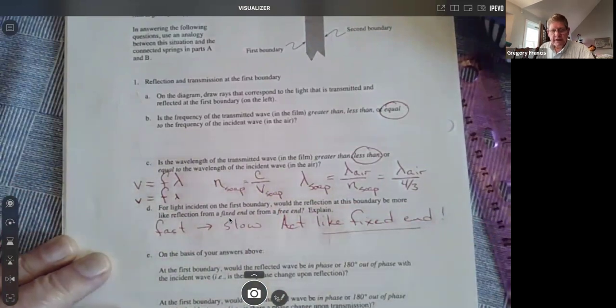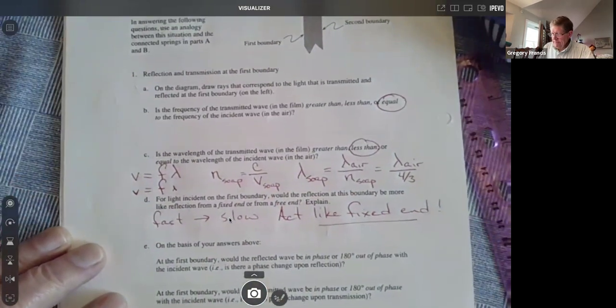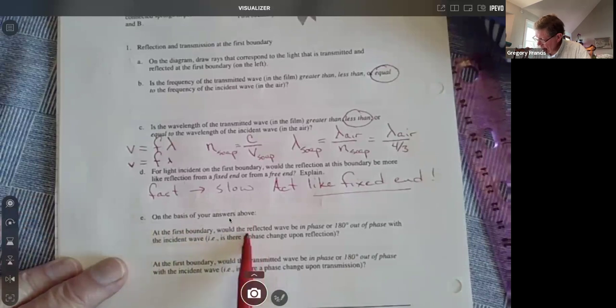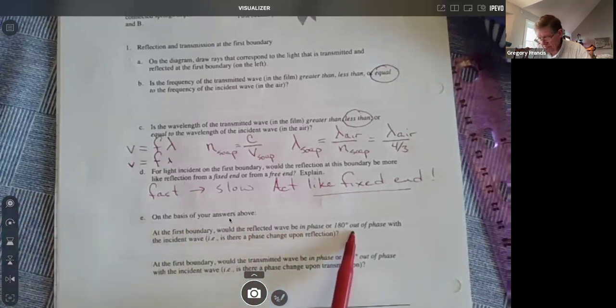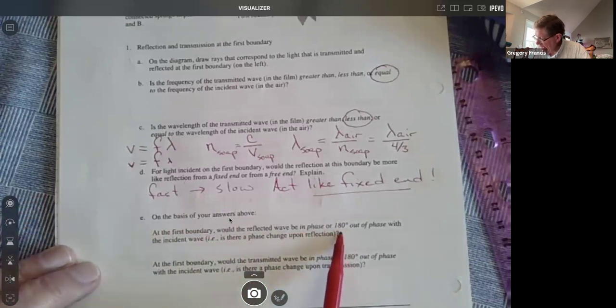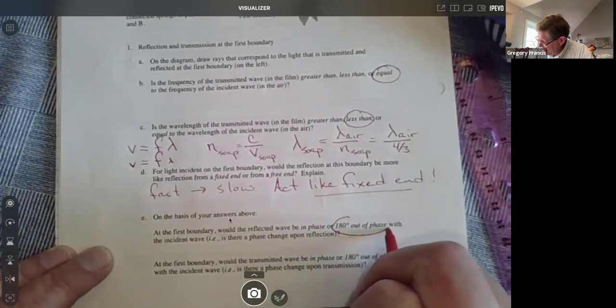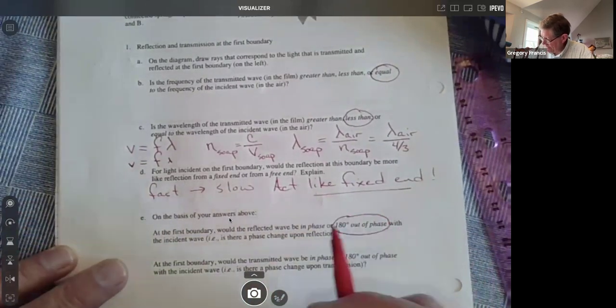And there will be an inversion there. On the basis of your answers above, at the first boundary, would the reflected wave be in phase or 180 degrees, that would be half a wavelength, out of phase with the incident wave? In other words, is there a phase change upon reflection? It would be 180 degrees out of phase with the incident wave.